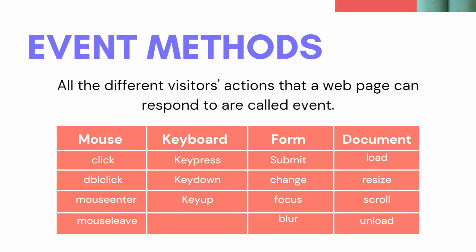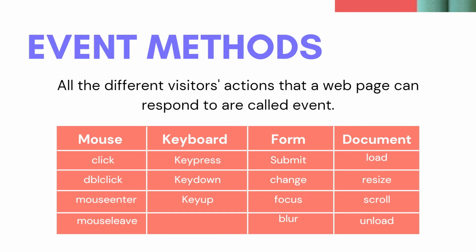And at last we have the document. We have discussed document.ready in the previous presentation. When the document is loaded, it is going to make a function occur. When the document is resized, meaning from the normal size it is enlarged or compressed, at that time resize is going to work.